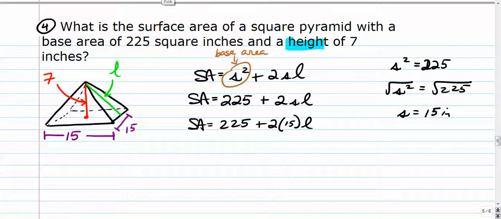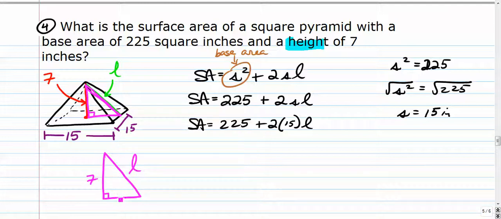So what I need to do is turn this 3-dimensional solid into a 2-dimensional right triangle. So here we go, my height of my triangle. What I'm doing is I'm pulling out this triangle right in here. This pyramid's standing up straight, which means it's a right angle right here, so that's 7.